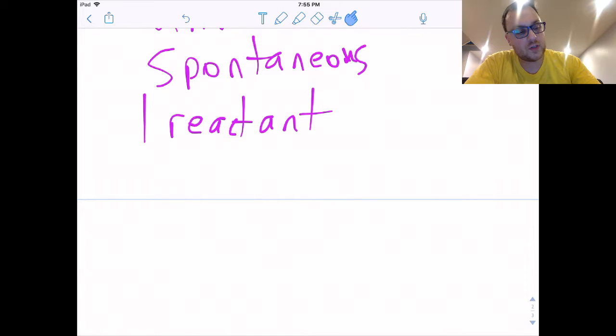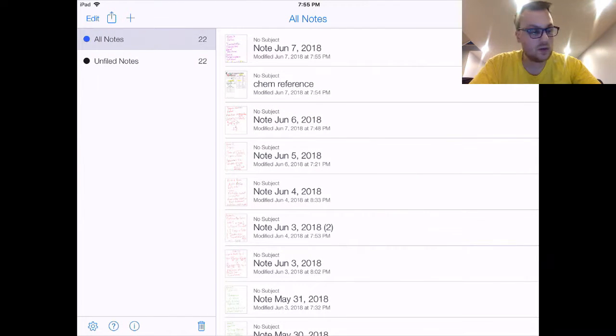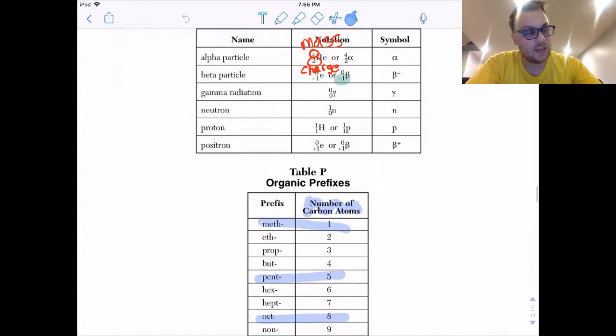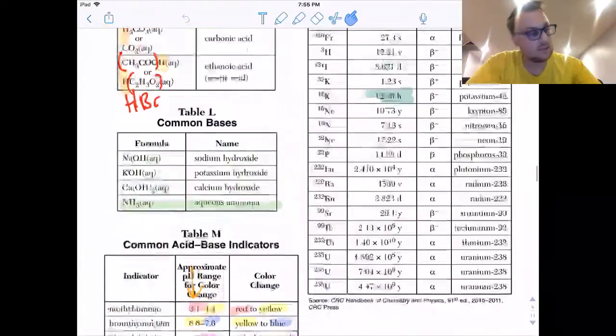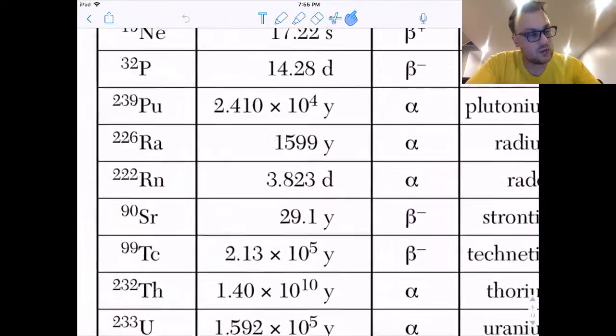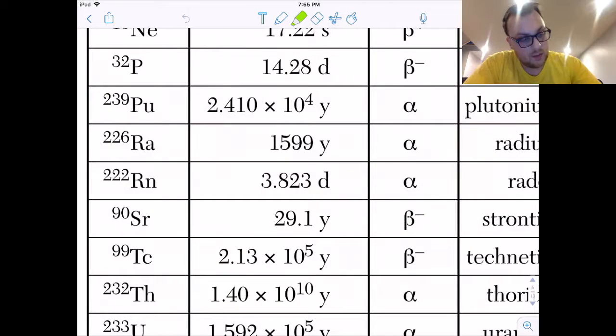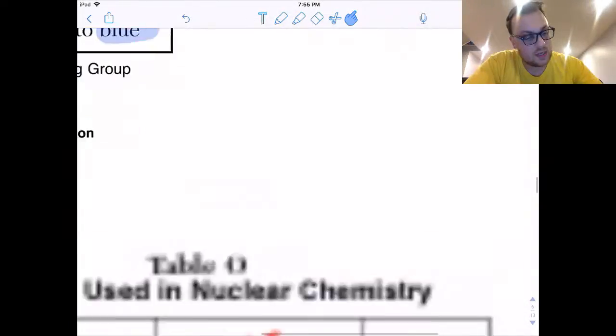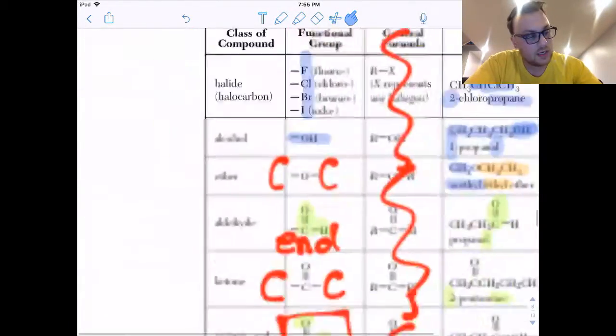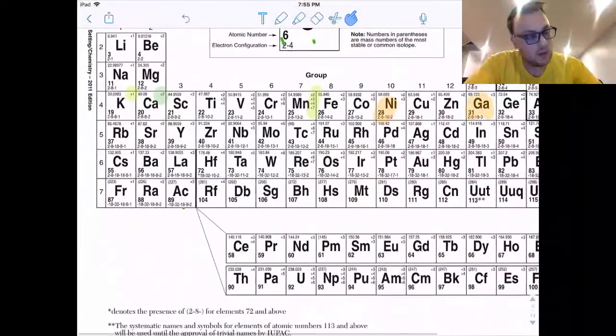First one is alpha. So let's pick something from table N that has alpha decay. Let's do radium 226. So radium's atomic number, because I don't remember, is 88.